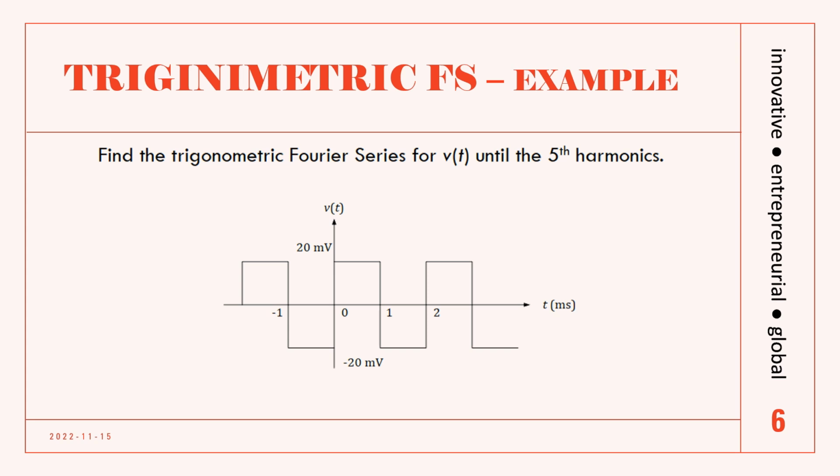Now let's look into this example. In this question, they ask: find the trigonometric Fourier series for Vt until the fifth harmonic. They ask you to come up with the Fourier series for this type of signal, and they specify how many harmonics you want.